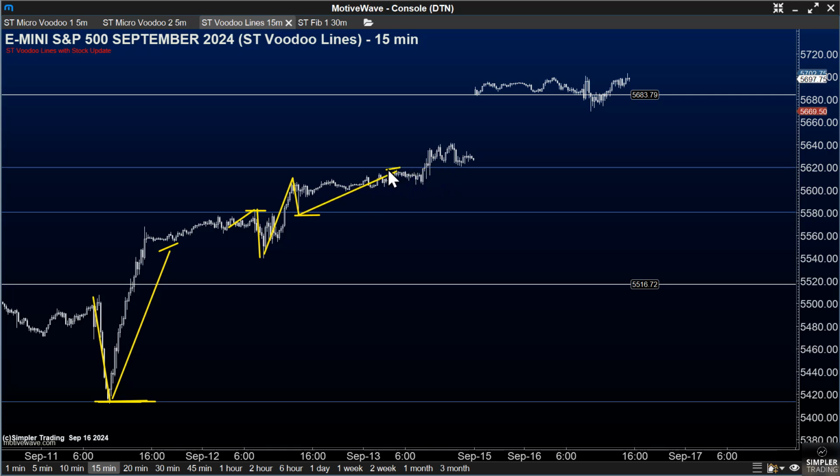Initially ran into some resistance at the next skyline up and pulled back, tested from above on Friday, and then now we're trading above this Voodoo snowline level.